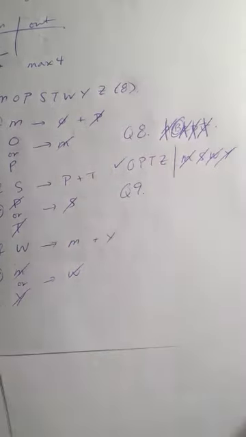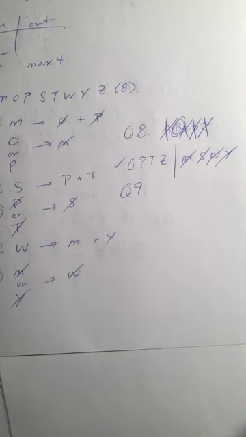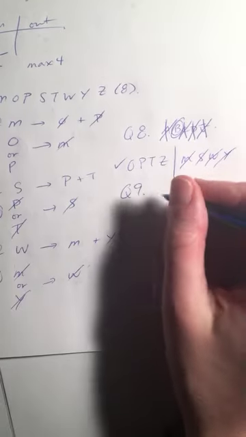Okay, question 9. Which one of the following is a pair of employees who cannot be on a team together? Okay, so if one of them is in, then the other one's going to have to be out. Okay, so can M and T be on a team together? So let's try.